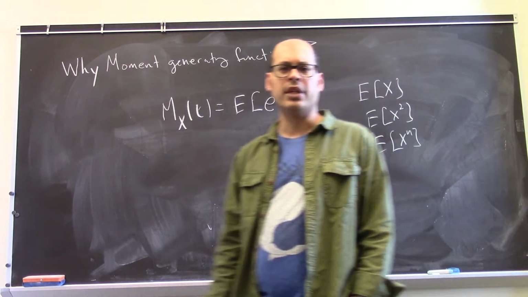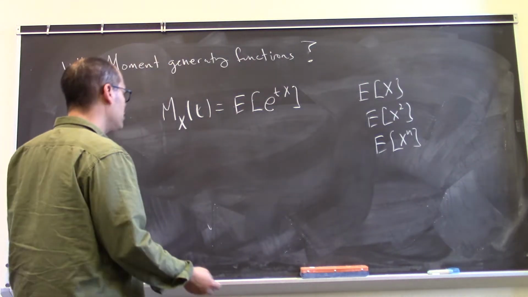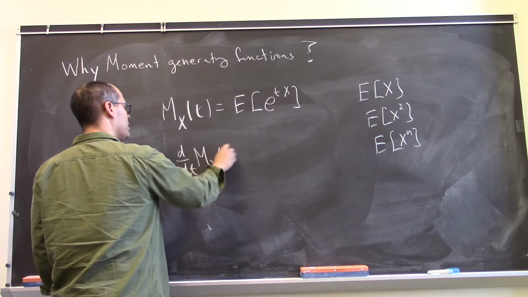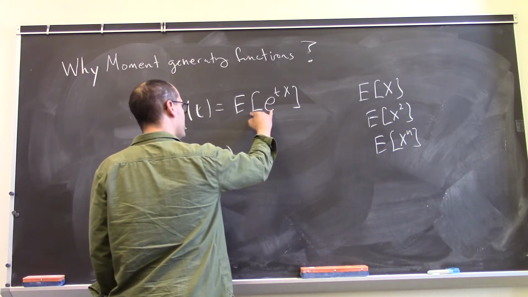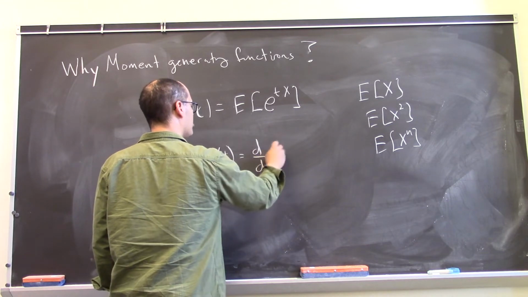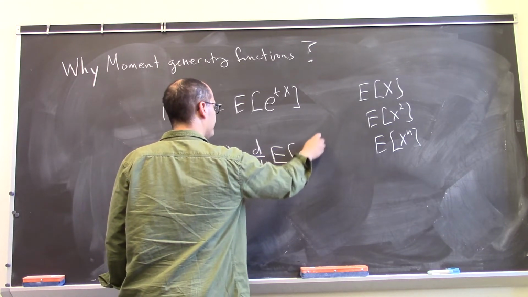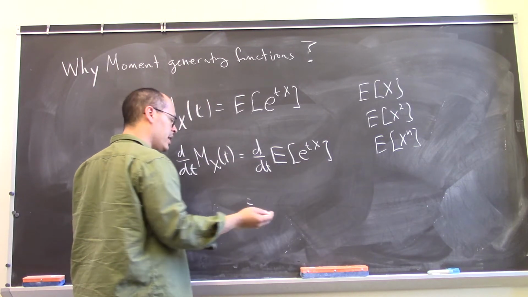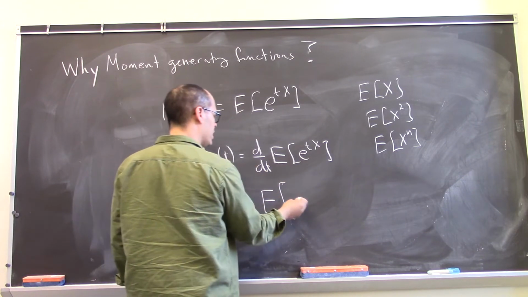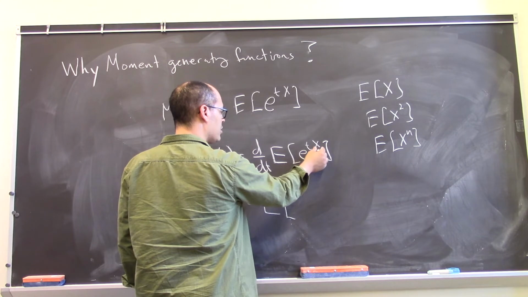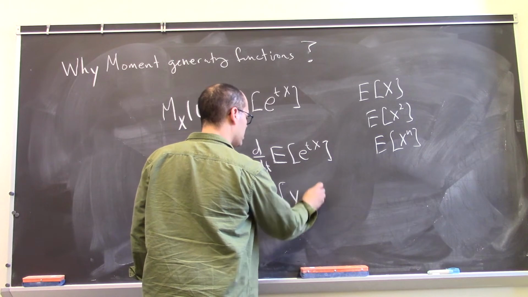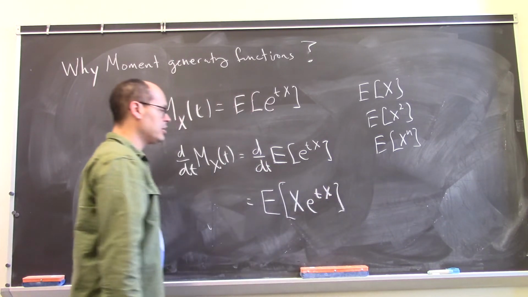To see how this works, let's consider taking derivatives of the moment generating function. It turns out that if you take the derivative with respect to t of this thing, you can actually bring this derivative on the inside. I'm not going to fully justify that now, but in fact, you can bring this derivative on the inside. X we think of as a constant in this context, and so x e to the tx is the derivative of this expression.